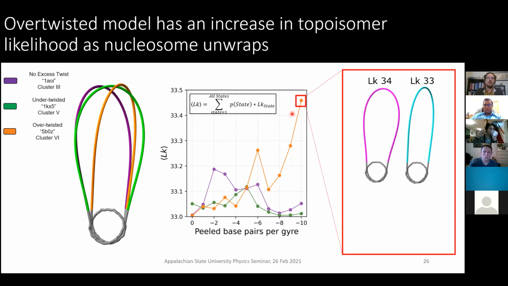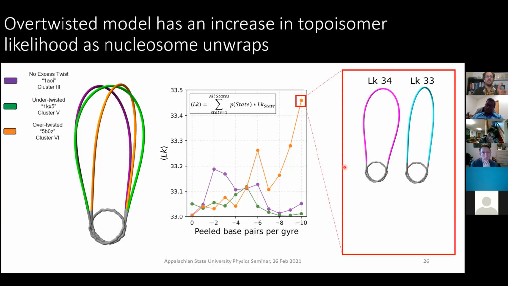One fascinating thing I want to point out right before I released this seminar a couple months ago was we knew what the configuration states looked like for linking number 33 and 34 for a particular number of base pairs that are unwrapped. So I know the structures of, let's say I unwrapped 20 base pairs. I knew what those structures looked like. So one state's in pink, one state's in blue.